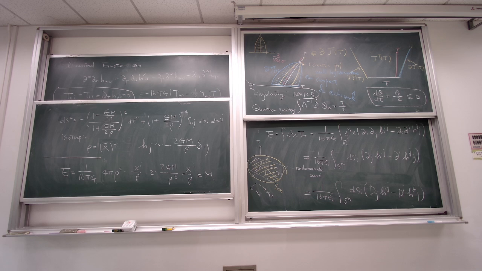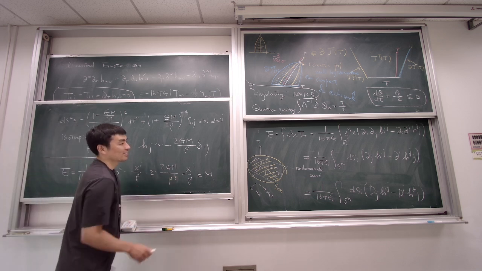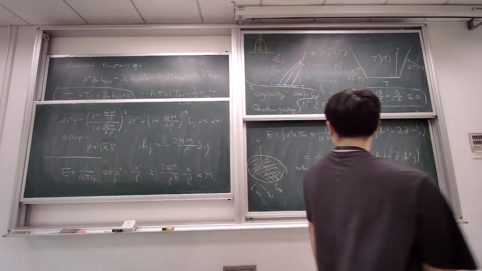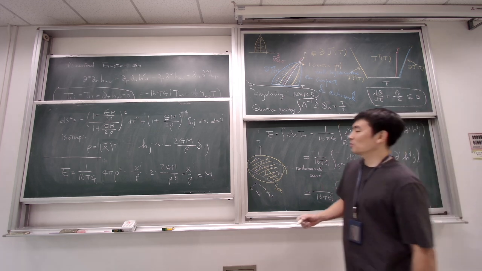I don't know how to get this one, sorry. How do you get this one? You just apply the derivative, h_ij del_j. What would you get? I think this is just a unit vector.